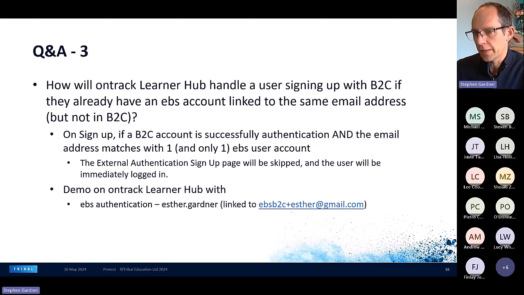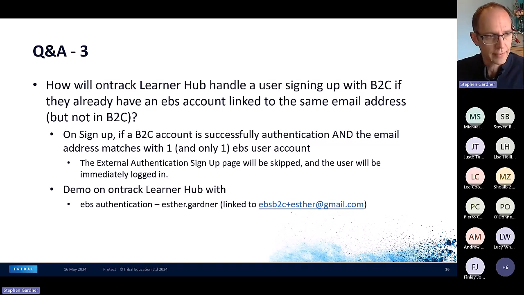So on a sign up with a new user, you would create a B2C account, and that will be successfully authenticated. At that point, we would then see, does that match with one and one only EBS user account? If it does, the sign up page will be skipped and that person will be automatically authenticated.